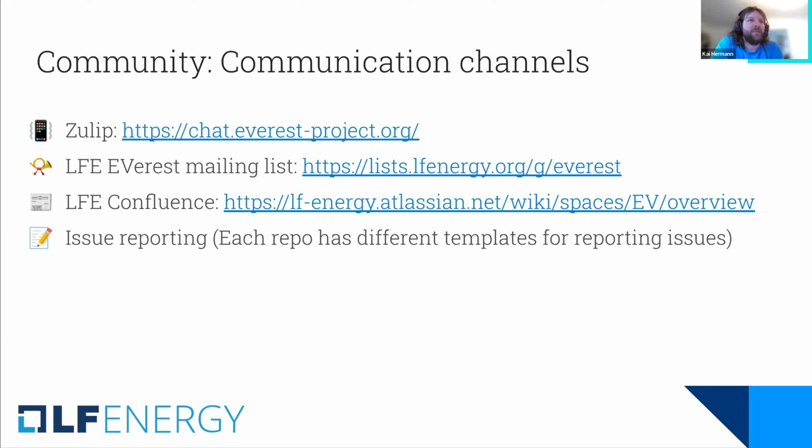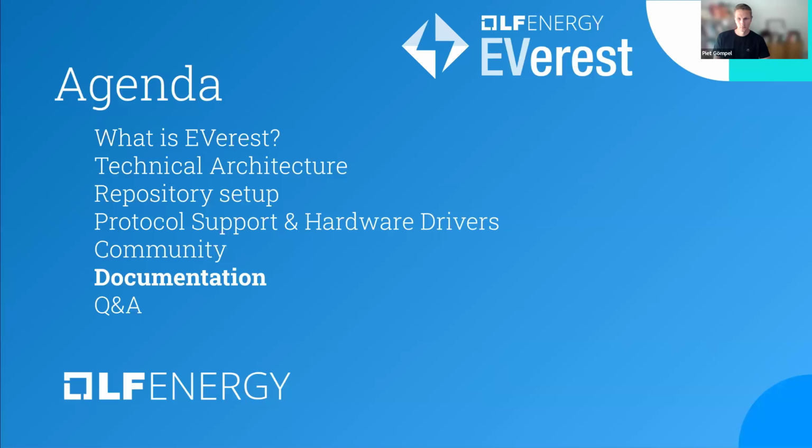We, of course, still have a mailing list, but most of the communication, I would say, nowadays is on Zulip, just because of the chat-like nature. There's a wiki in the LFE Confluence, and for issue reporting, basically all of the repositories in the EVerest org have all kinds of different templates to report issues, where you stumble upon them. And then I will give back to Pete again.